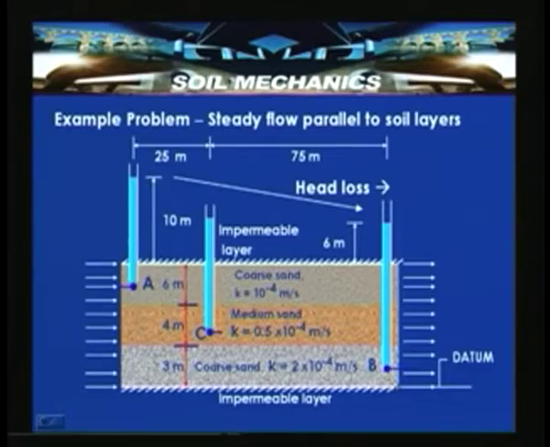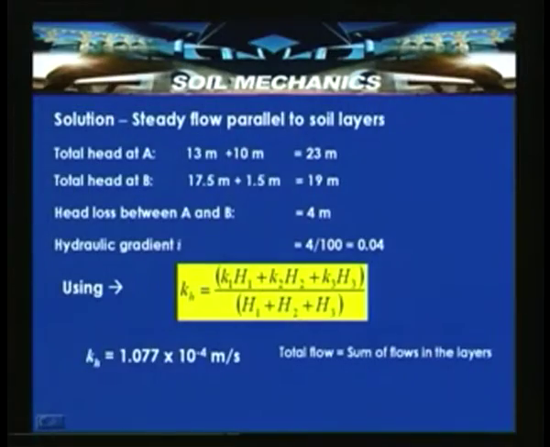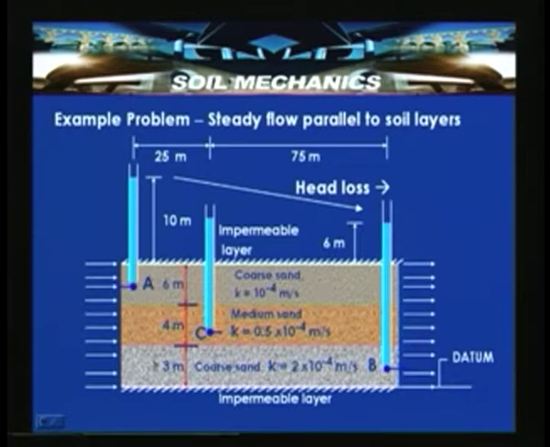Now let us look into how the solution runs. For this problem, having selected the datum at the bottom impermeable layer, we compute the total head at A. If you look into the previous slide once again, this is 7 meters plus 13 meters, the total thickness of this layer.